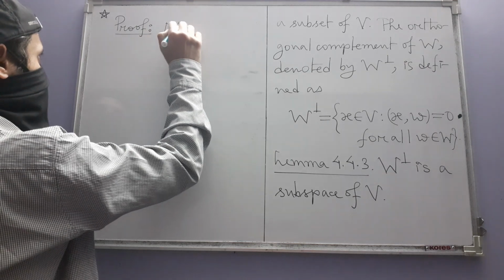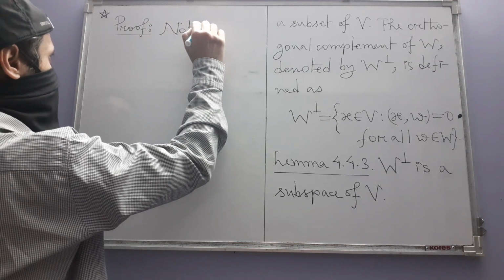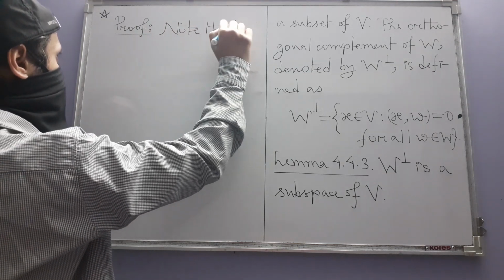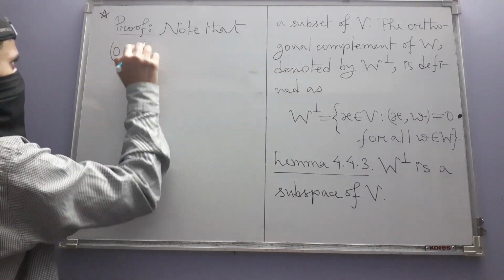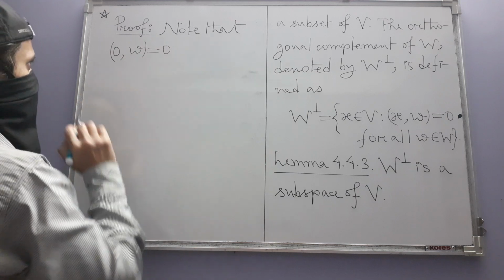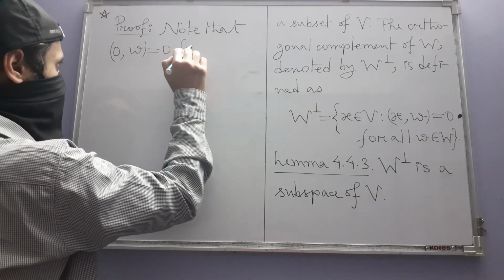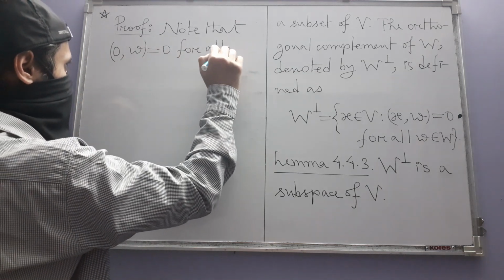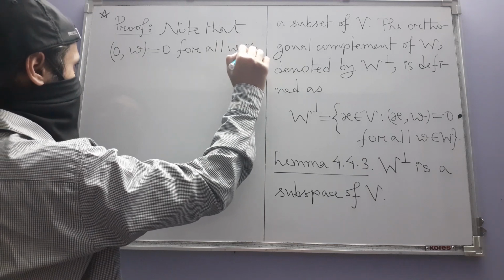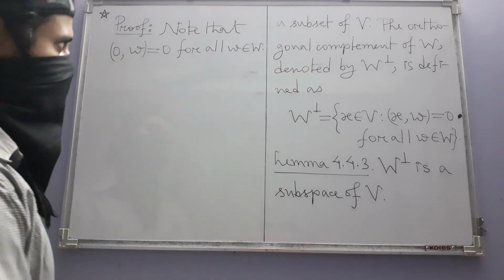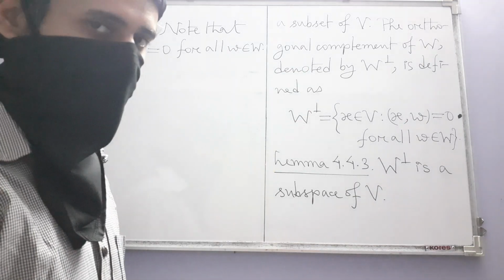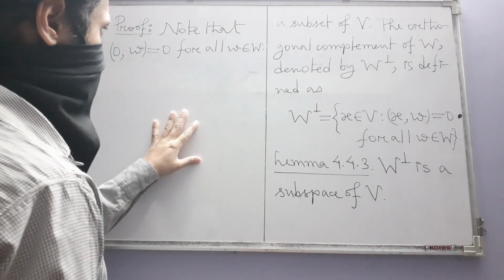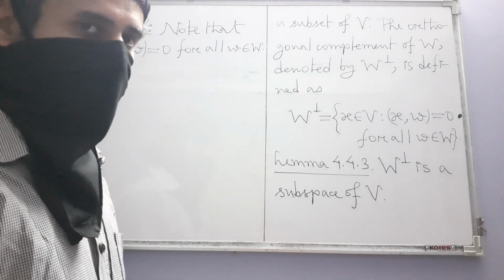Note that the inner product of 0 and w is equal to 0 for all w belonging to W, and this is a fact that we have already seen when we started the section and when we defined inner products.